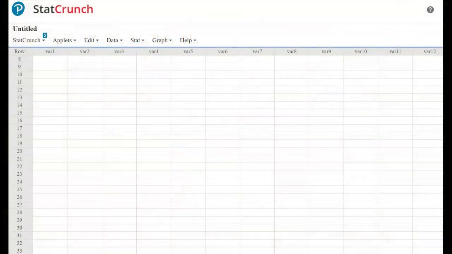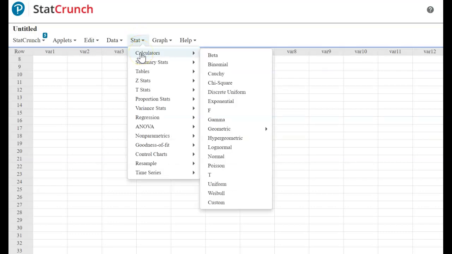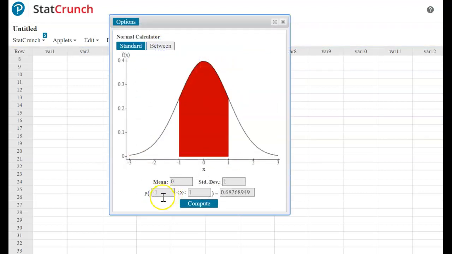Now let's look at how to find the probability between the two z-scores using StatCrunch. StatCrunch makes this process extremely easy, and you will see it. Click Stat, Calculators, go down to Normal, select Between, and change the numbers.